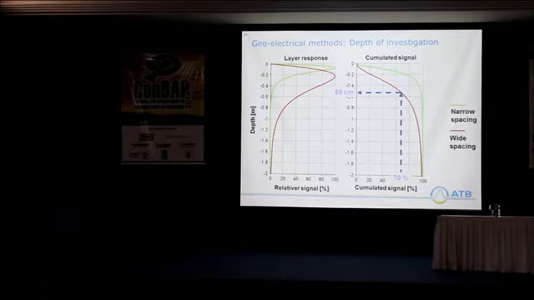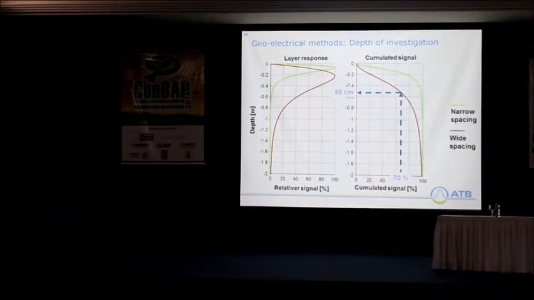Many of you have heard about depth of investigation. It's sometimes a kind of secret how it is defined, so I will try to explain it. These curves show the layer response from an infinite height of layer. These are 2 curves.